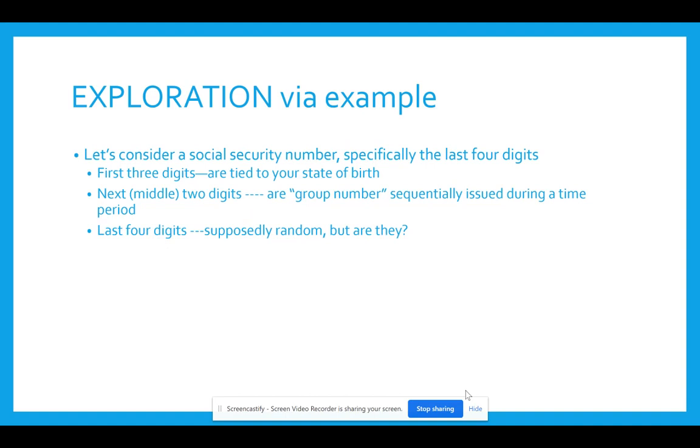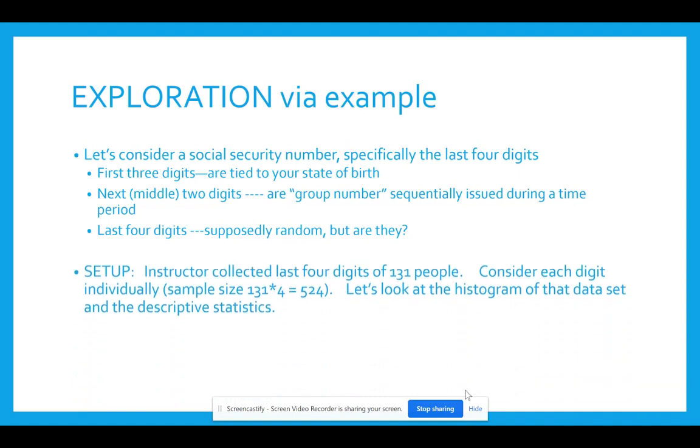The next 2 digits, in the middle, are considered a group number that is sequentially issued during a particular period of time. The last 4 digits of your Social Security number are supposed to be randomly assigned. But the question is, are they really? We're going to take a look at that.